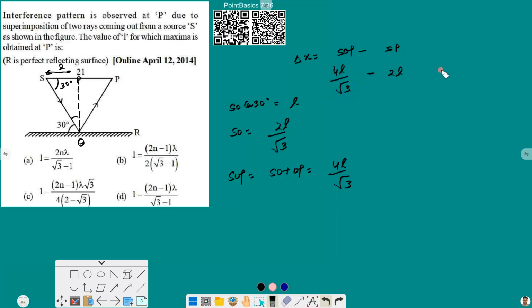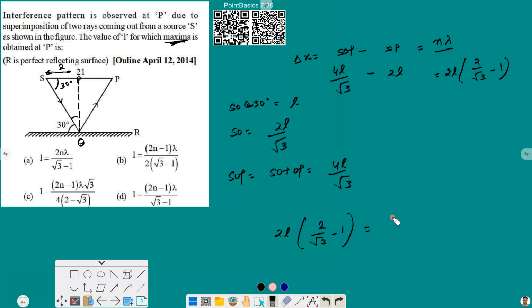So here we will have 4L by root 3. And the total path difference will become 2L into 2 by root 3 minus 1. Now this path difference has to be an integral multiple, since we want to have maxima, so it should be n lambda. So we can write 2L into (2 by root 3 minus 1) is equal to n lambda.